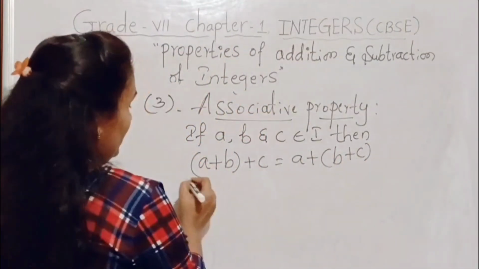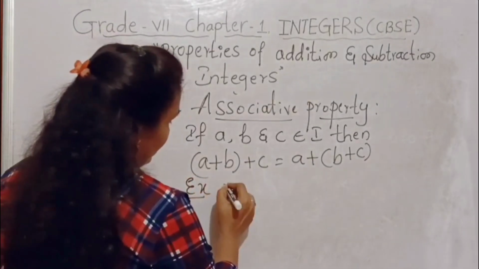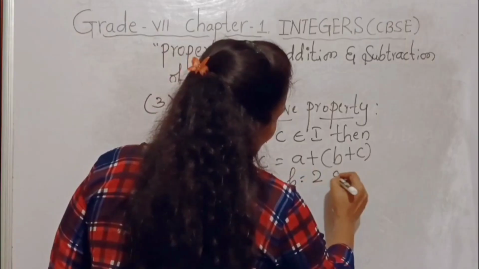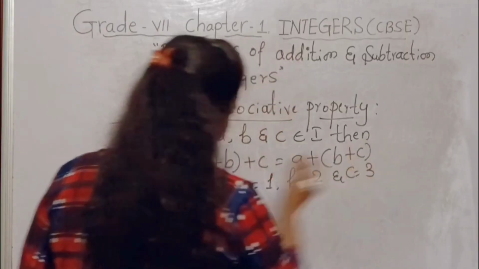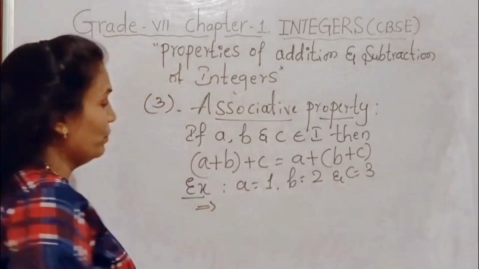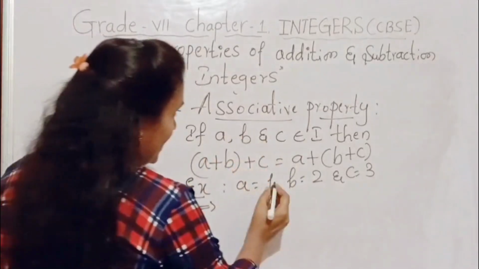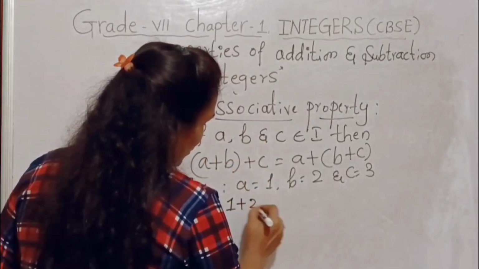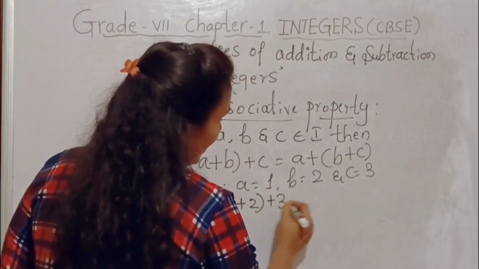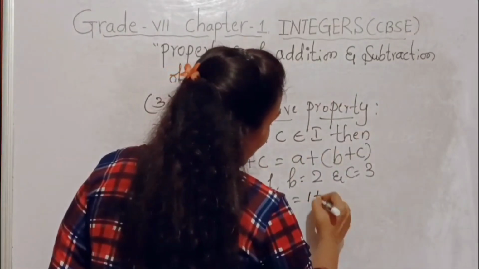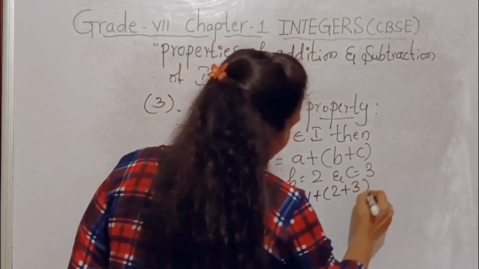A is equal to 1, B is equal to 2 and C is equal to 3. Yes. Let me check this associative property, that is (A plus B) plus C. That is A means 1 plus 2, plus 3, is equal to A plus (B plus C), that is 1 plus (2 plus 3).